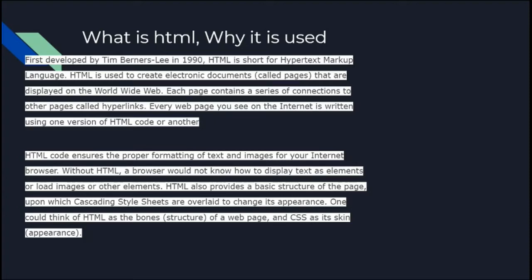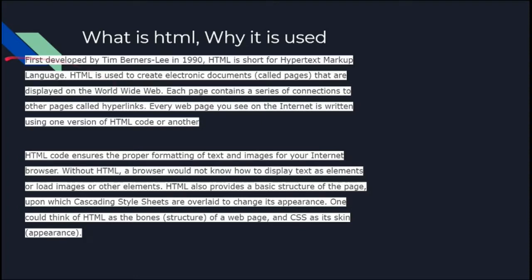If you search for something on Google and you get some results and you click on a result, Google is also made by HTML only. From there you get a hyperlink, you are transferred to another website, and this is called a hyperlink.